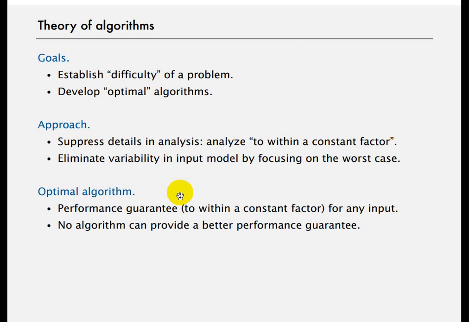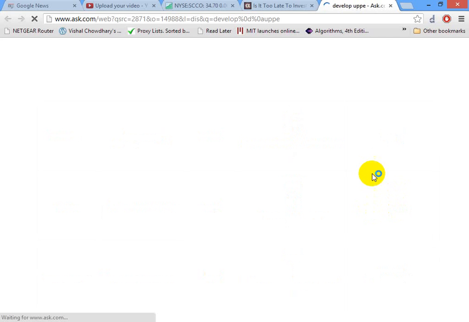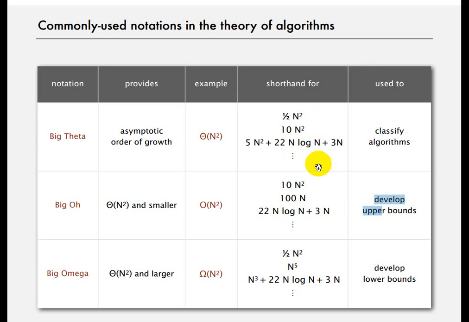Okay, so we spoke about this a little bit. Let's talk about these three notations. There's big theta, big O, and big omega. Big omega is lower bound. Sorry, I said something incorrect.